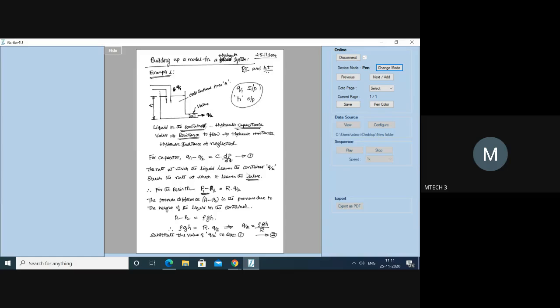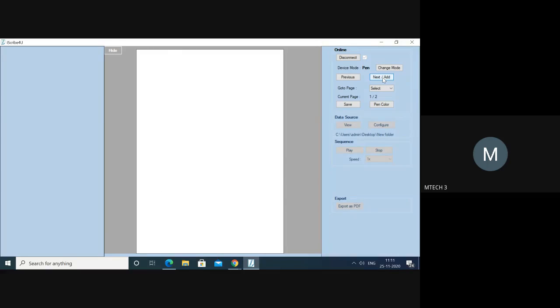Substitute the value of Q2 in equation 1. Finished, sir. Okay. Shall I turn the page? Yes, sir. Okay, right. So what is equation 1 now?